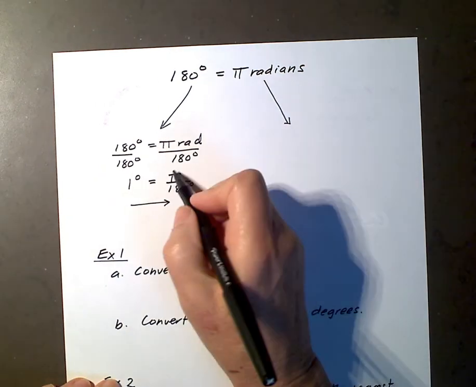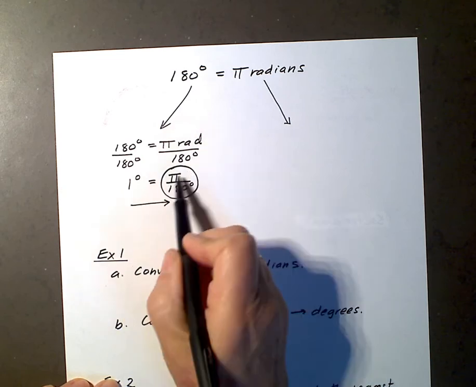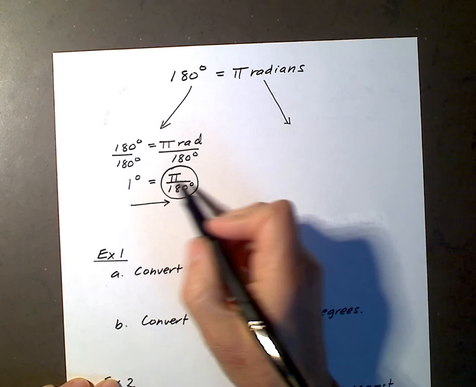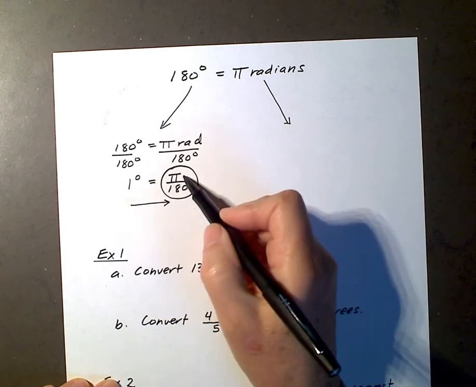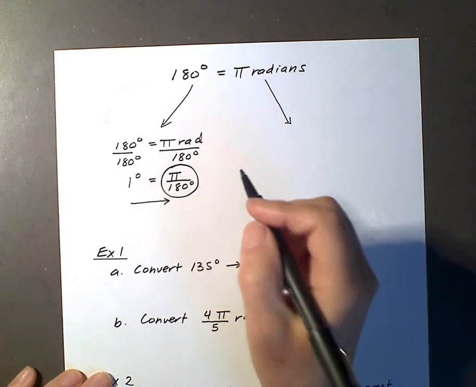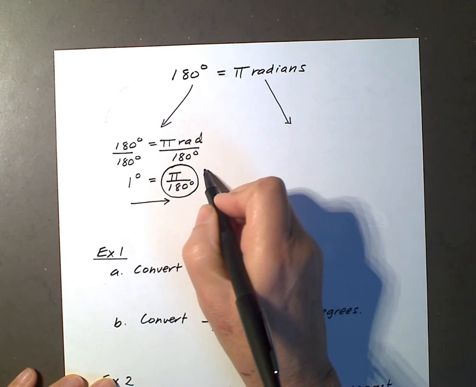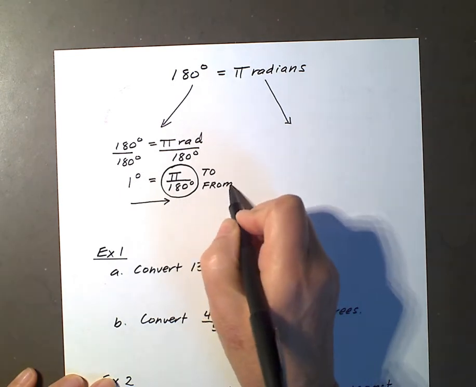I would multiply every degree I had by this, and the degrees in the numerator and denominator would cancel out, and I would be left with pi in the numerator for radians. So what I want to go to is in the numerator, and what I want to cancel out, what I want to convert from, is in the denominator.